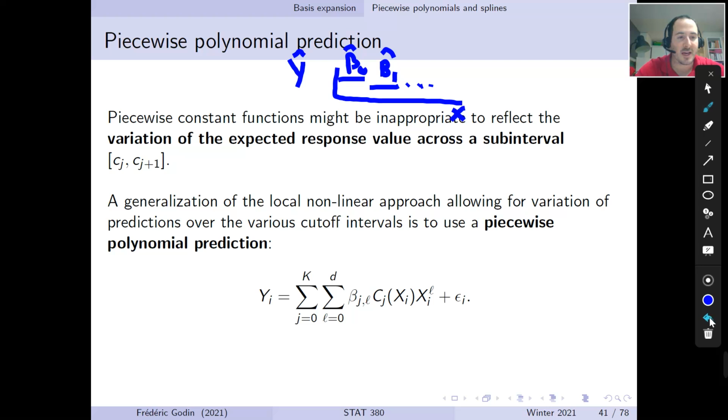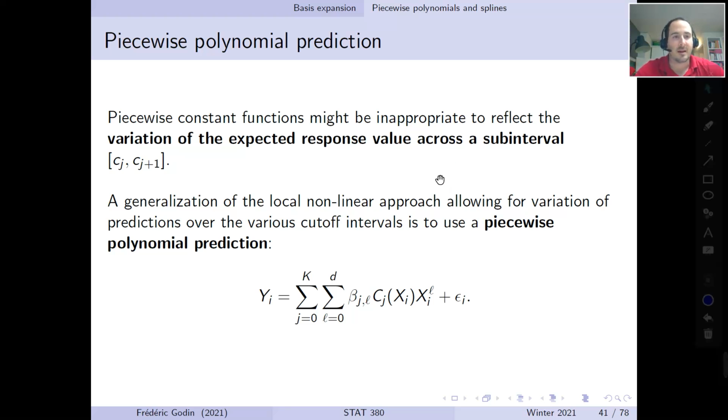So the first approach that is proposed here is to relax the assumption of being constant over the subintervals. So instead of having constant functions, so a constant function is a polynomial of degree 0, we can change that and assume that over each subinterval, so between the various knots, the predictive function is a polynomial instead of being a constant function. Okay, so we change the degree 0 function to a degree, let's say, small d polynomial.